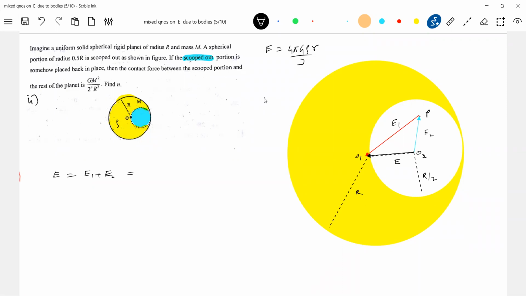So I think rather than getting into the calculation, I'll make it yesterday's conclusion. If you solve everything, what should be the value of R? R should be the distance between O1 and O2. So what is E1? E1 will be 4 pi G by 3 rho times PO1 bar.